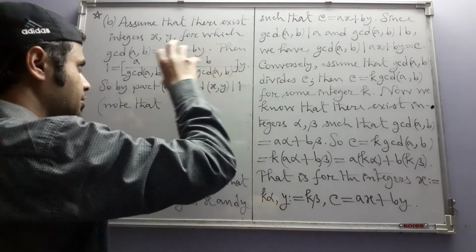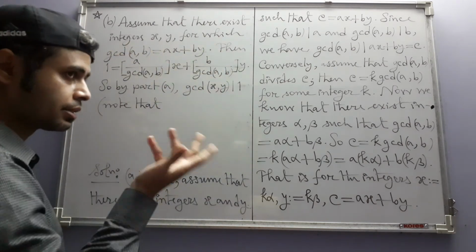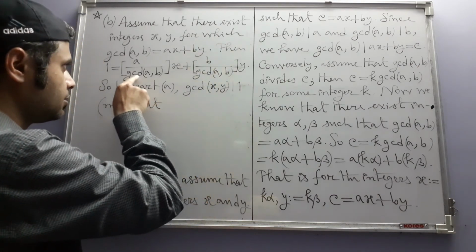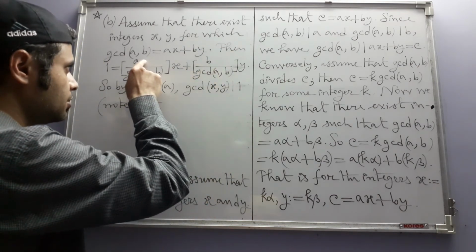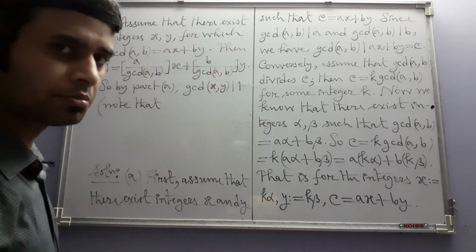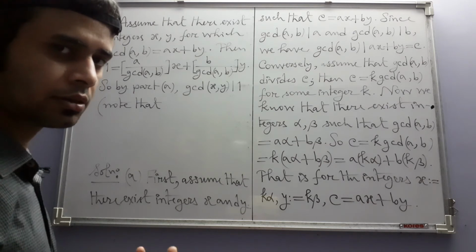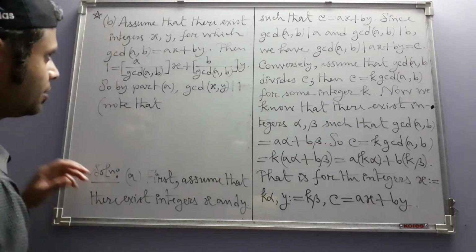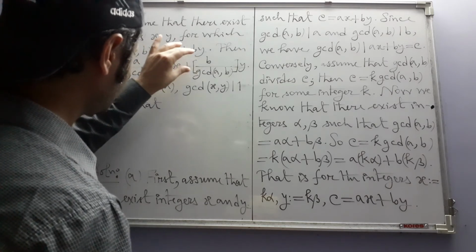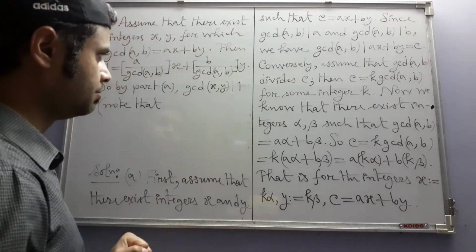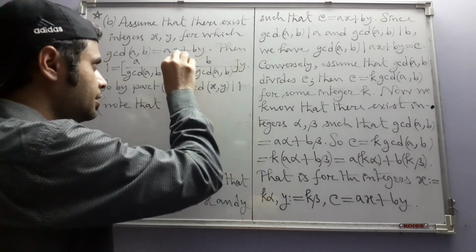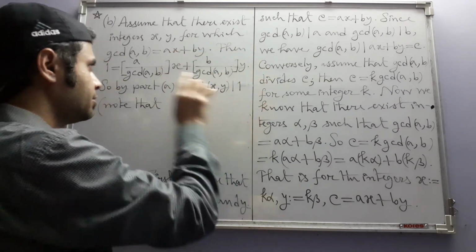These are some integers, and that is the second fact. These are integers because a and b are both divisible by GCD of a and b, because the greatest common divisor is a common divisor. So that means 1 is equal to an integer times x plus another integer times y. So by part A, GCD of x and y should divide this c.